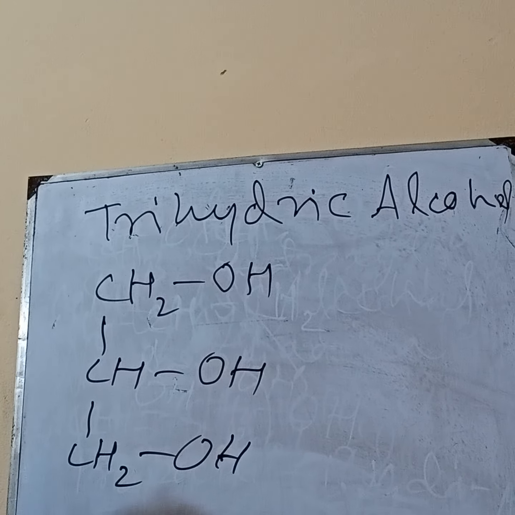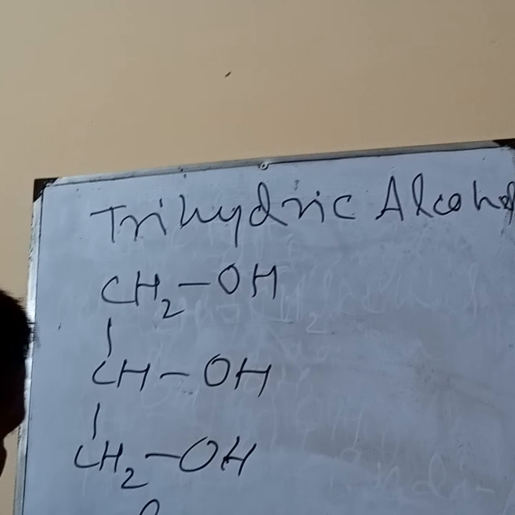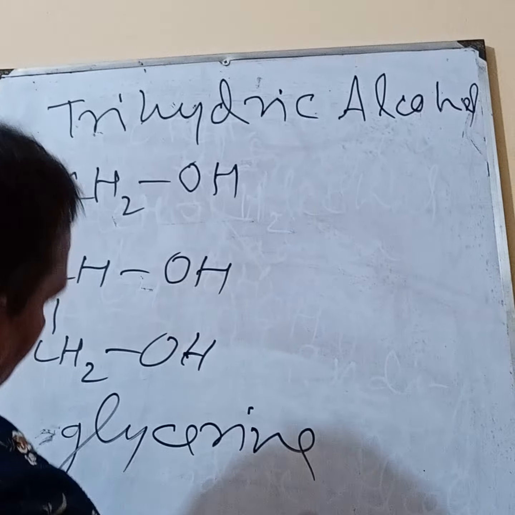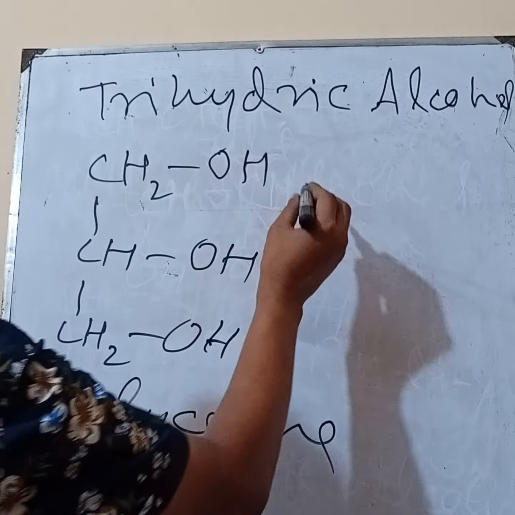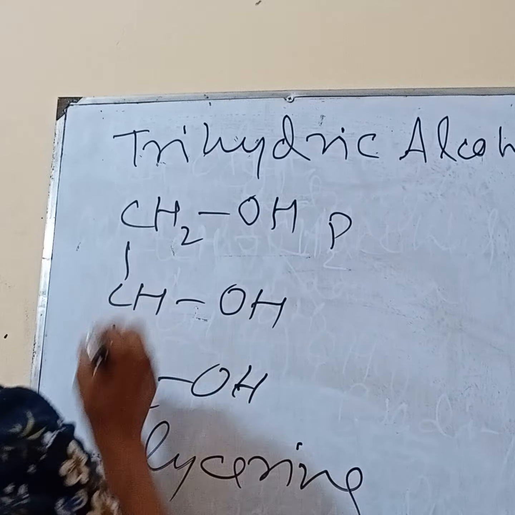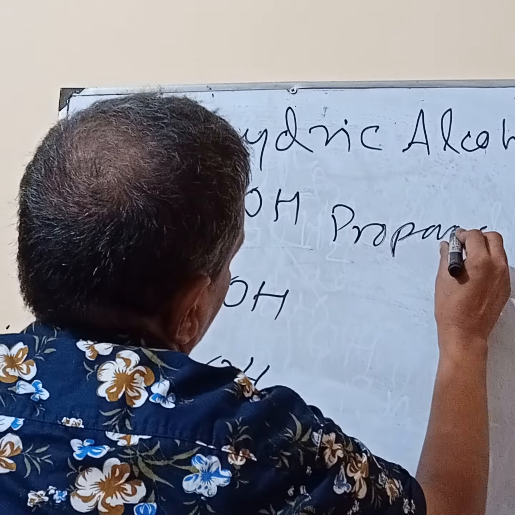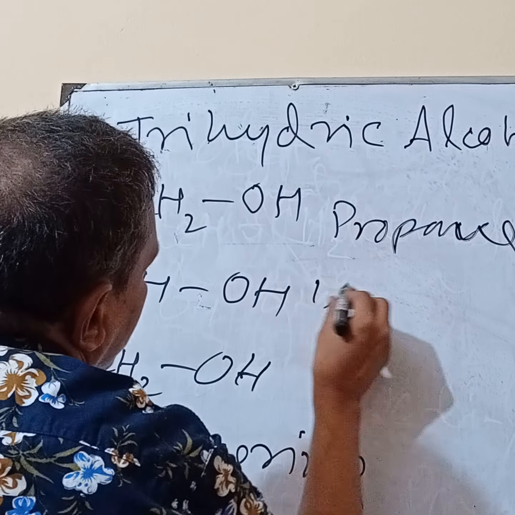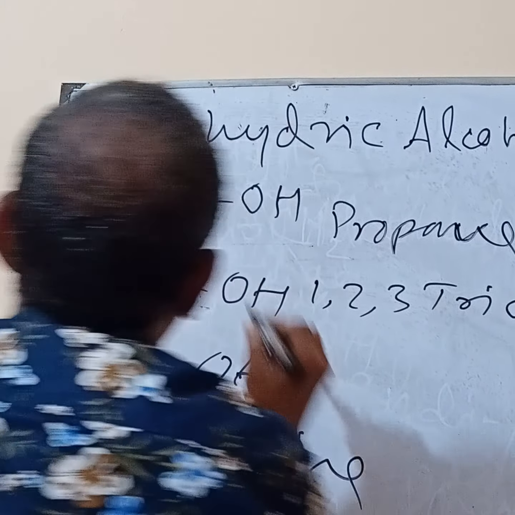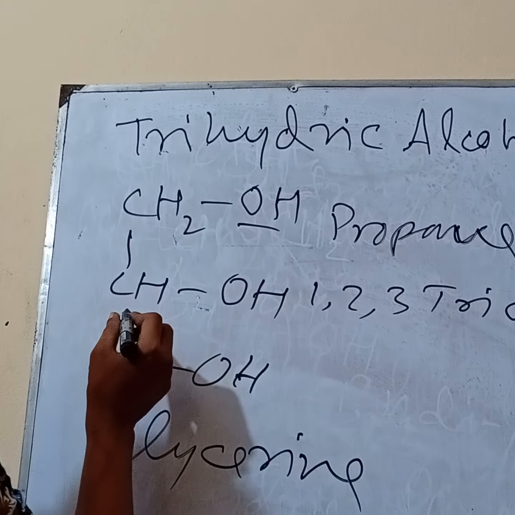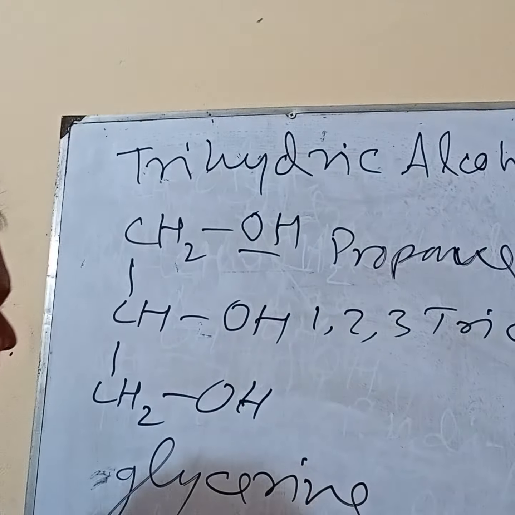Name: glycerin. Glycerin, a trihydric alcohol. Another name: propane-1,2,3-triol. 1 OH, 2nd position OH, 3rd position OH. Propane-1,2,3-triol.